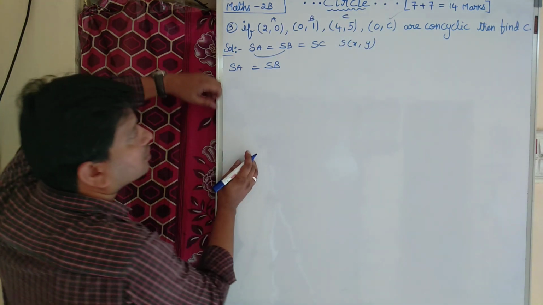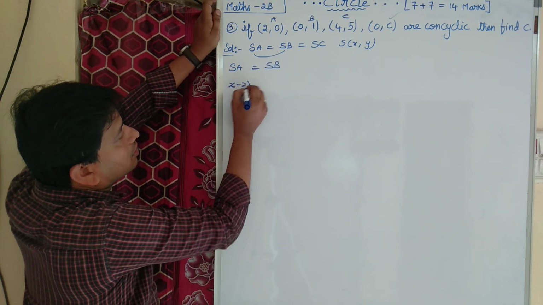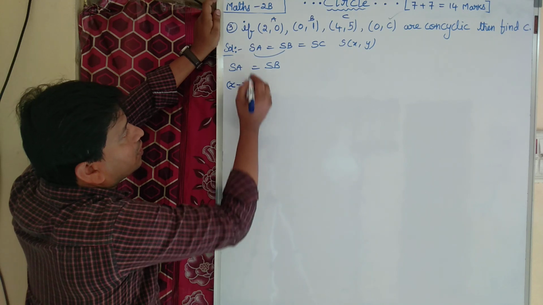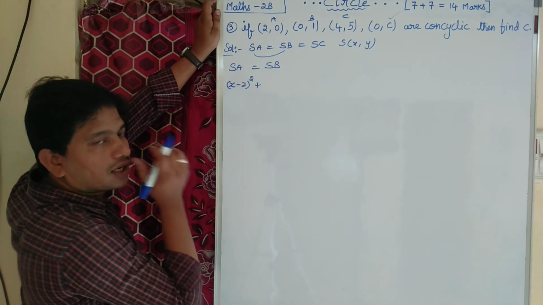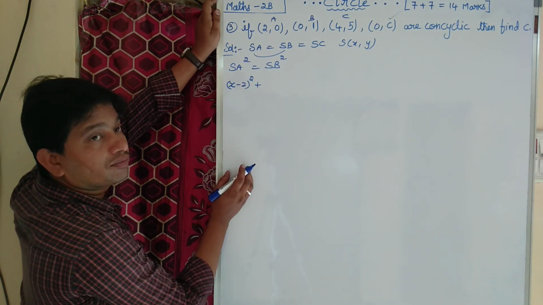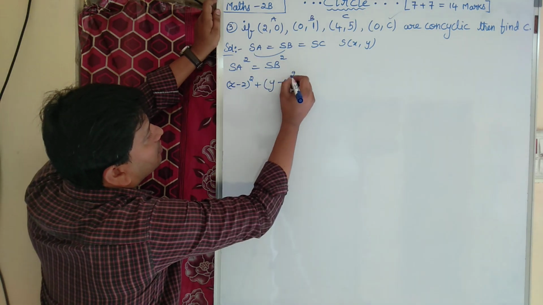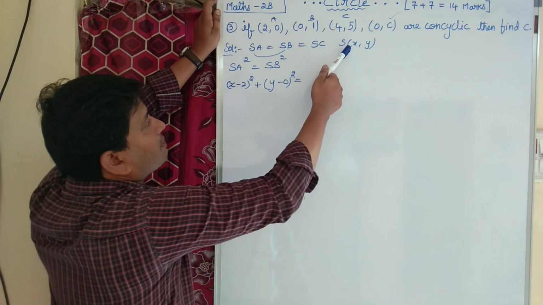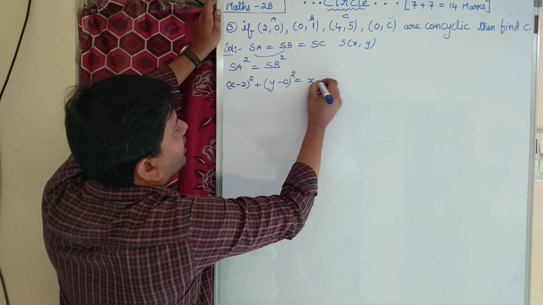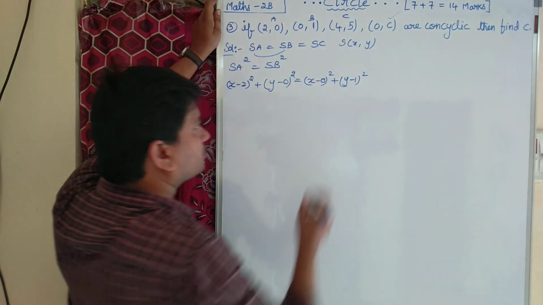Now x minus 2 whole square. Okay, we forgot to do squaring on both sides. So let us write here SA square equal to SB square. (x minus 2) whole square plus (y minus 0) whole square equal to the distance between S and B, (x minus 0) whole square plus (y minus 1) whole square.